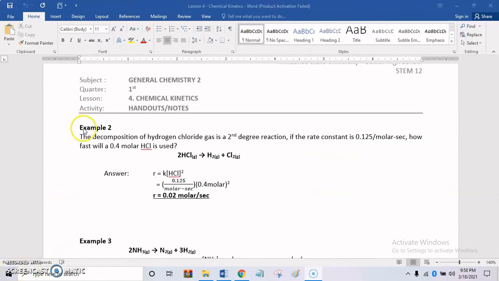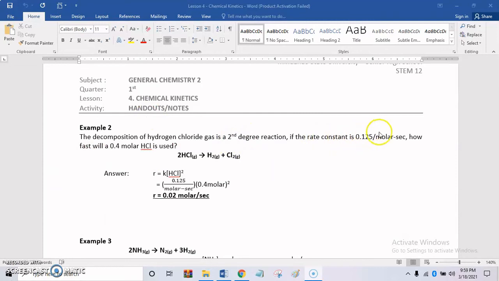So let's talk about example 2. The decomposition of hydrogen chloride gas is a second degree reaction. If the rate constant is 0.125 molar per molar second, how fast will a 0.4 molar HCl be used? So here, given na tayo lahat. The second degree, that's the power.